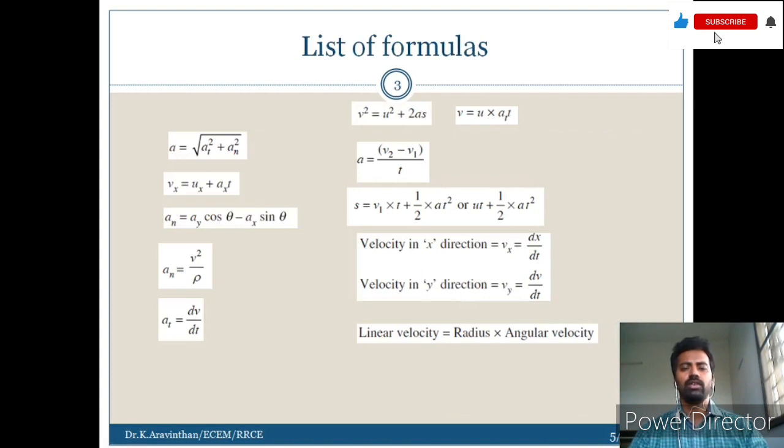While sorting out these problems, we can identify the acceleration, velocity and displacement. In kinematics, we deal with this subject.